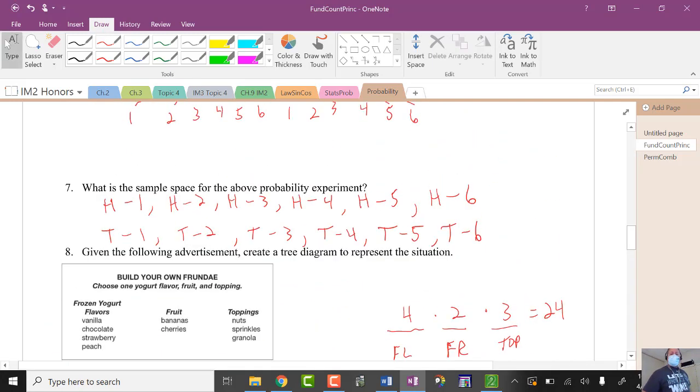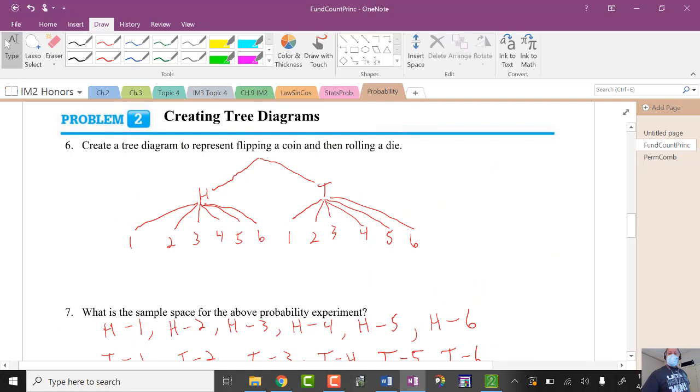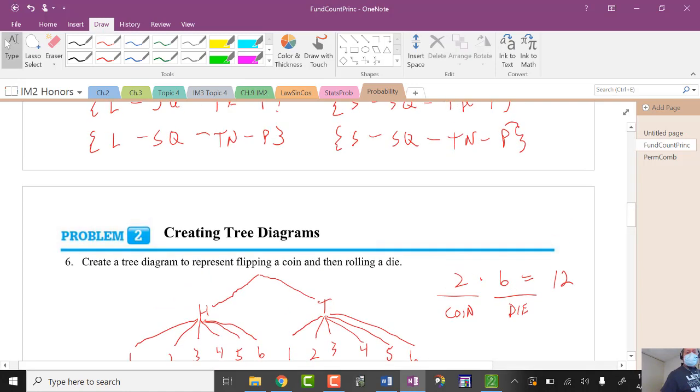Going backwards to all the ones that we've done so far, there are 2 coin possibilities, and there are 6 possibilities for a dice throw. So flipping a coin and then rolling a dice, we have 12 different possible ways.